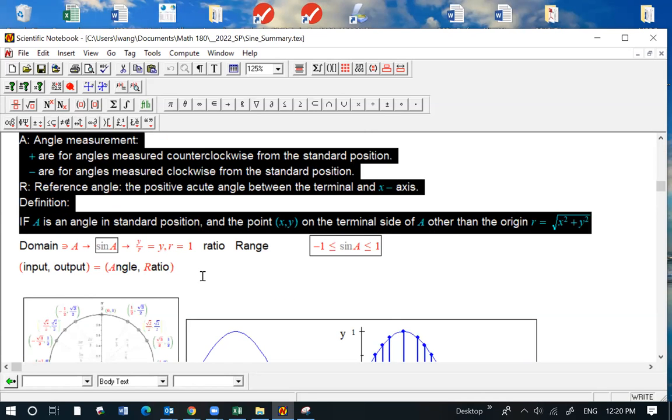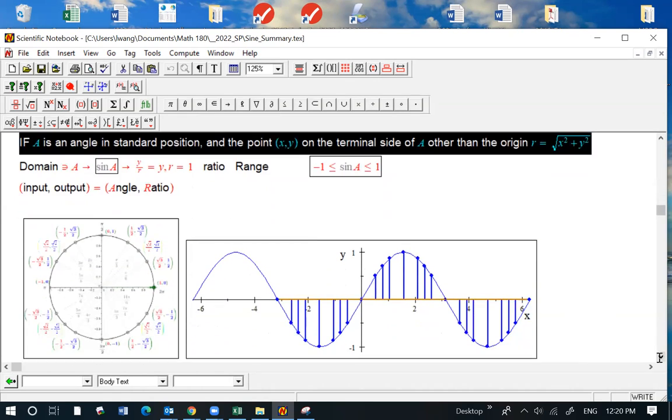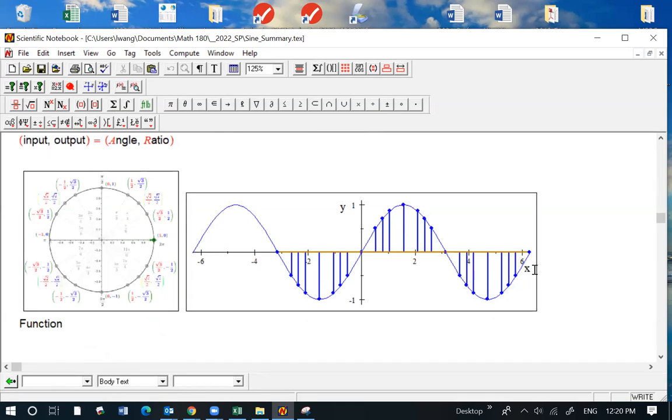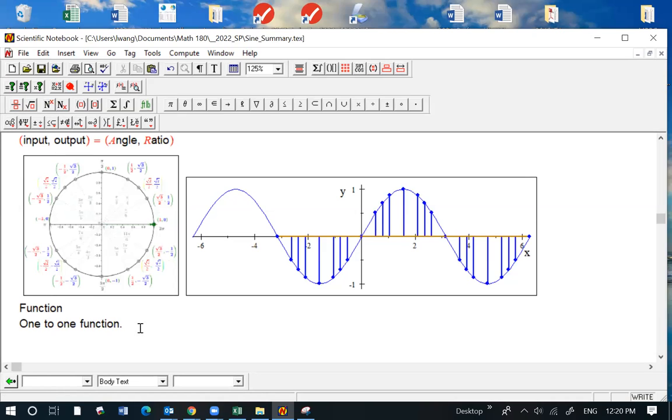Secondly, if we recall several concepts we talked about before, in the first few weeks, before we got into any specific functions, after function, we talked about one-to-one functions. What is a one-to-one function? We want to see whether the sine function is one-to-one.